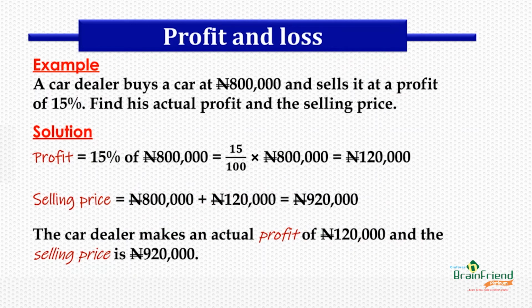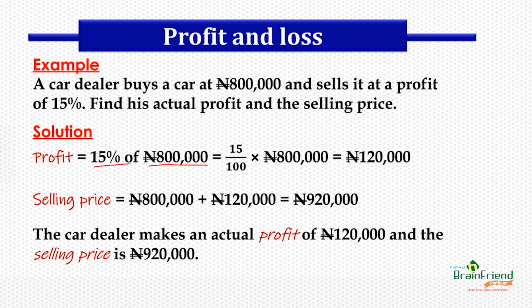Now, let's look at an example on profit and loss. A car dealer buys a car at 800,000 naira and sells it at a profit of 15%. Find his actual profit and the selling price. Now, to find out the profit, we have to calculate 15% of 800,000 naira.